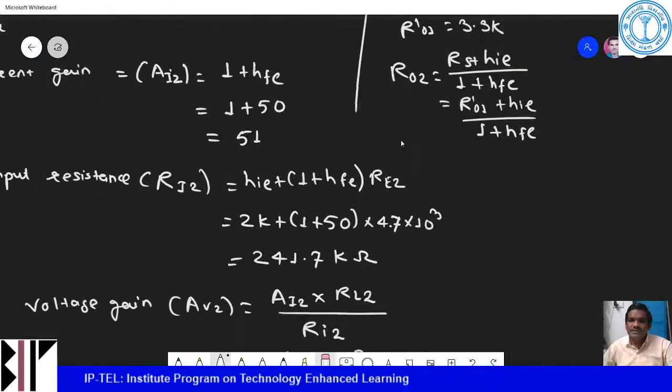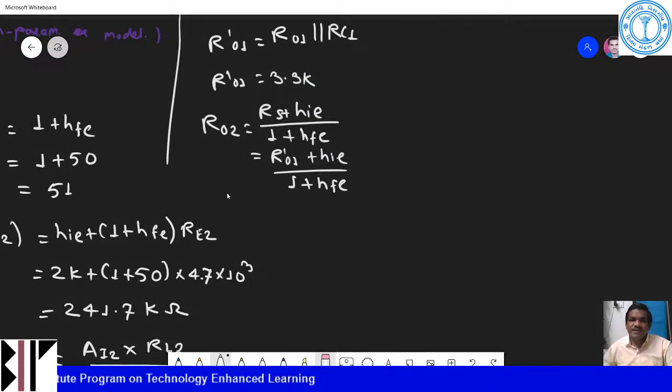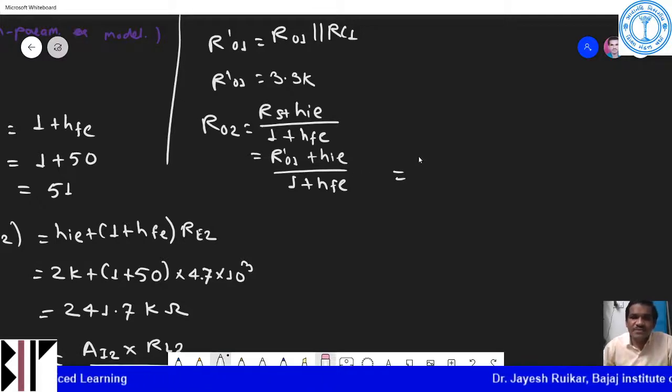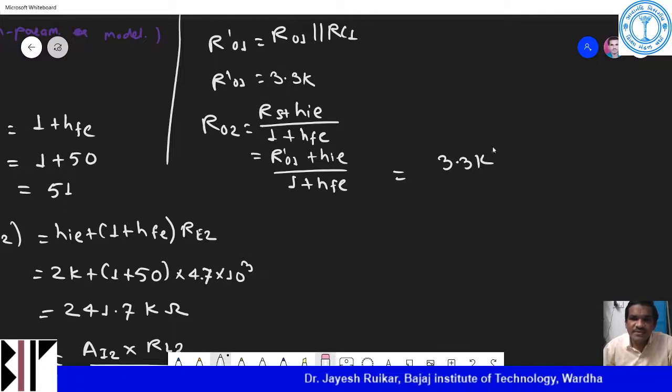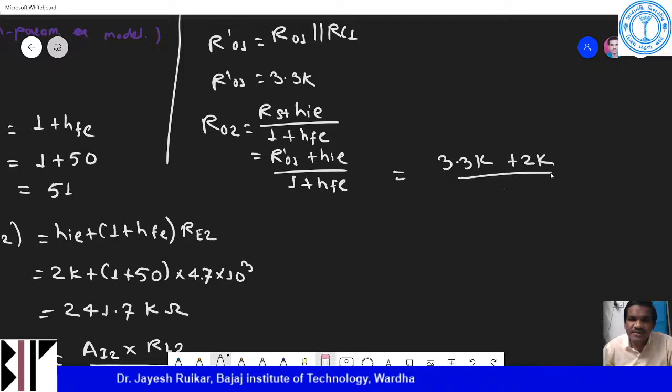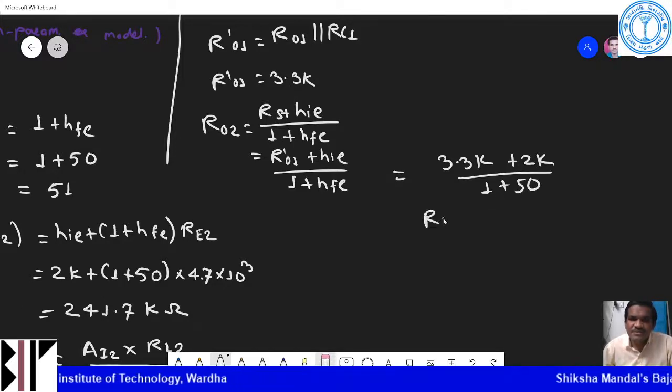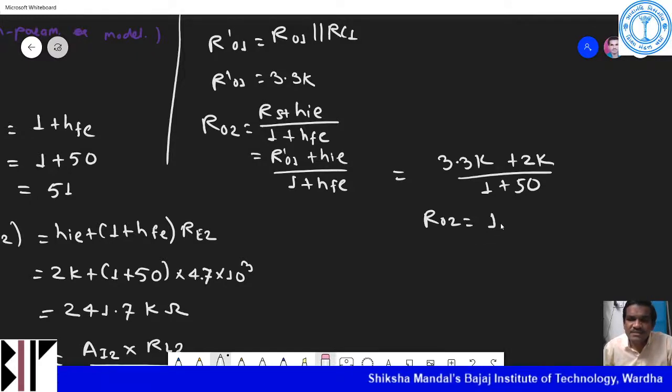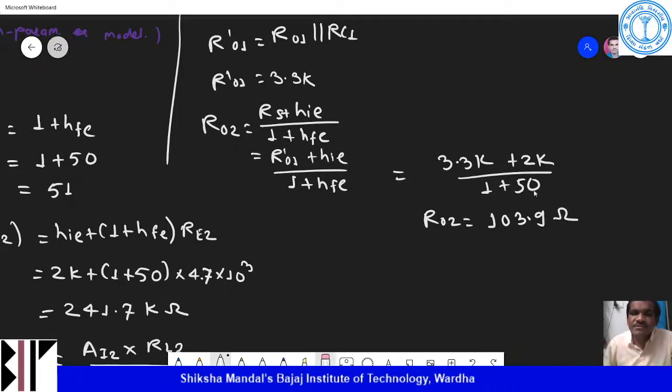If you calculate this RO2 value, R dash O1 is 3.3k, plus HIE is 2k, divided by 1 plus 50. So your RO2 is nothing but 103.9 ohm.